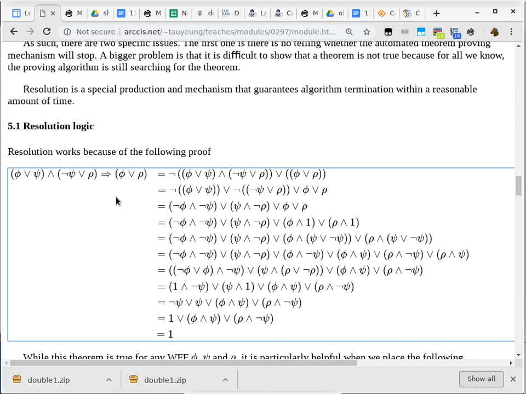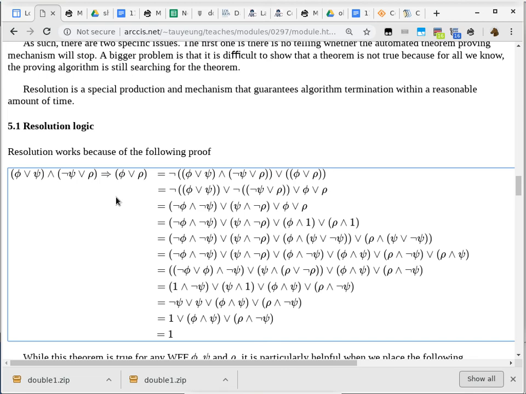But the third piece to this puzzle is proof by contradiction. Because the whole thing about resolution is you start off with three things and you only end up with two, right? So you can see that if we only start off with two things, we can end up with none.